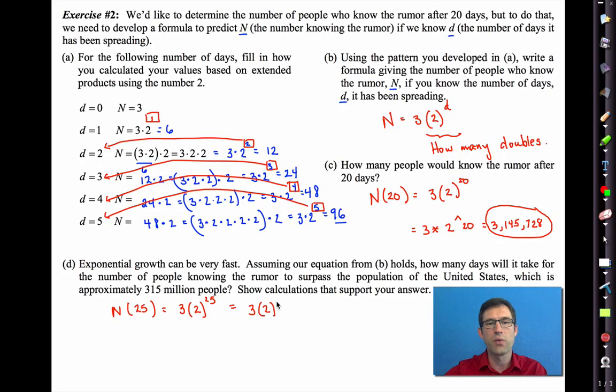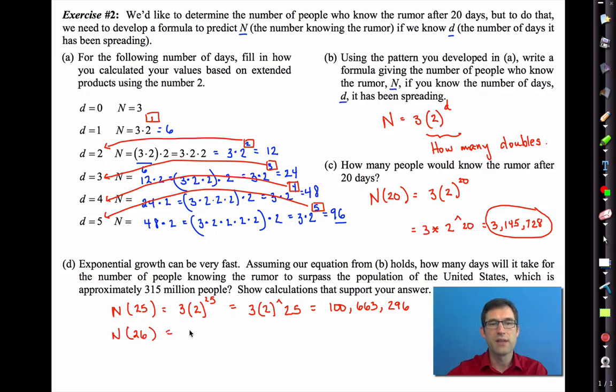This actually works well if you use the caret, we find that that is 100,663,296, which is too small, right? We're looking for 315 million as of the time of making this video. But we're getting close, that's 100 million.